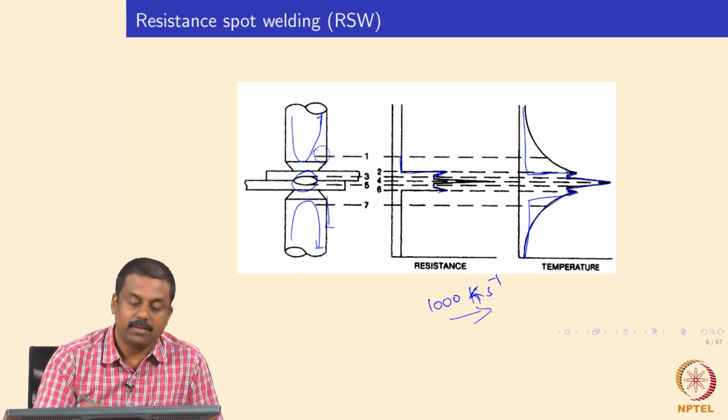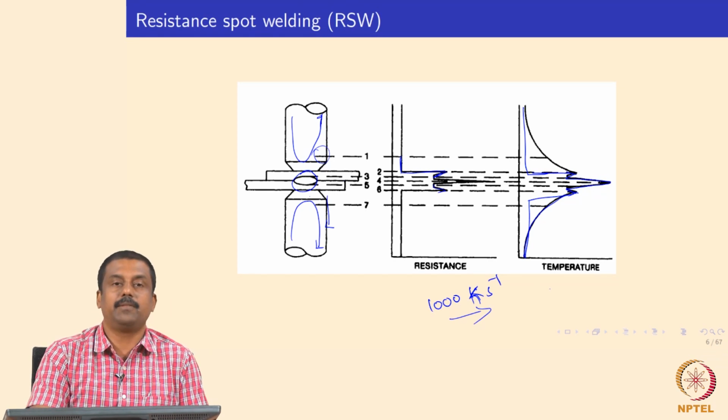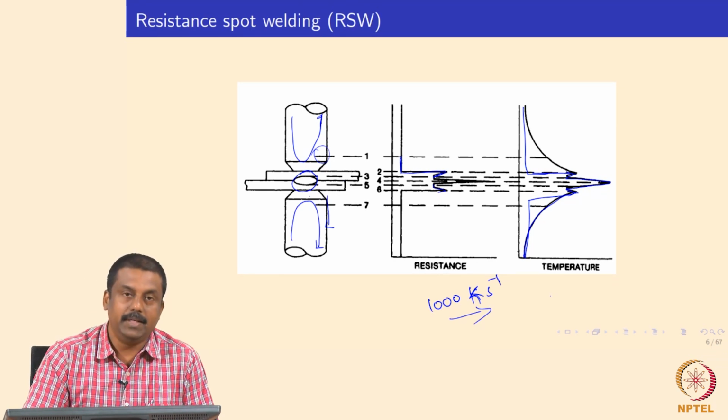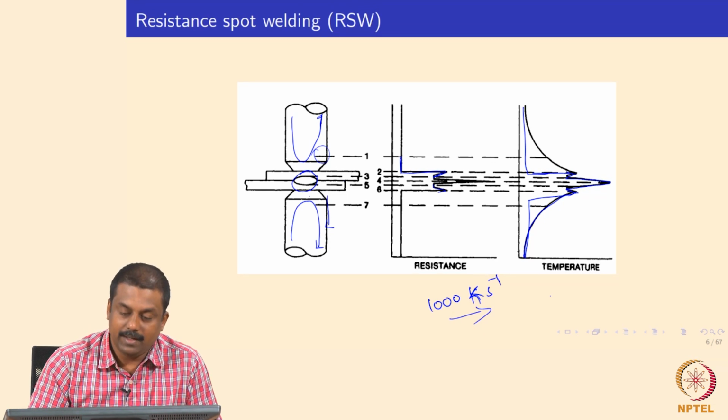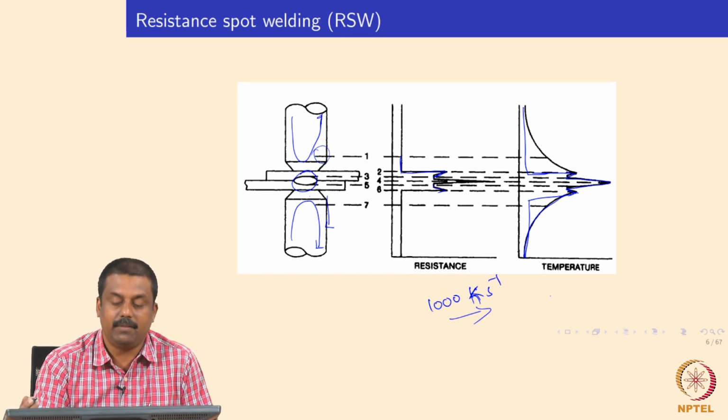Okay, so the microstructure of the weld nuggets, because of this rapid cooling rate we apply during resistance spot welding, will invariably be martensitic, albeit some other phases can also stabilize. We will see that when we look at the welding metallurgy of advanced high strength steels.